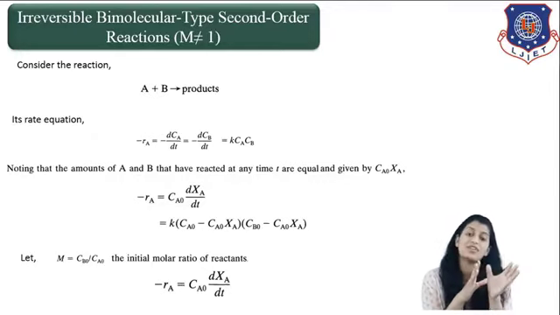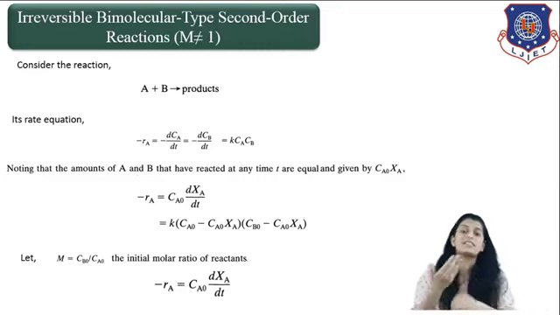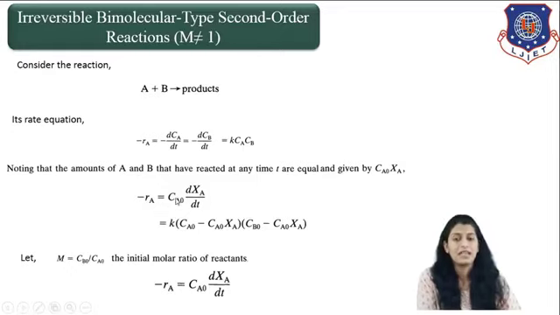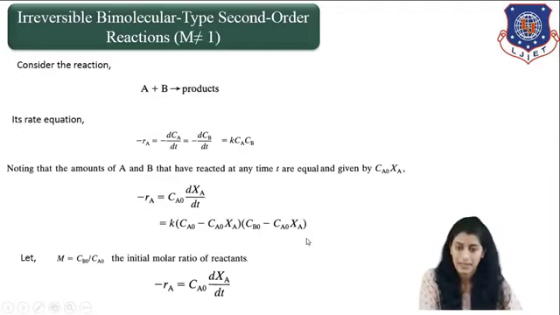We know that CA0 XA is the total amount of component which has converted into product. So minus rA equals CA0 dXA by dt, and using this we can substitute the values in the equation and write it as K into (CA0 minus CA0 XA) into (CB0 minus CA0 XA).